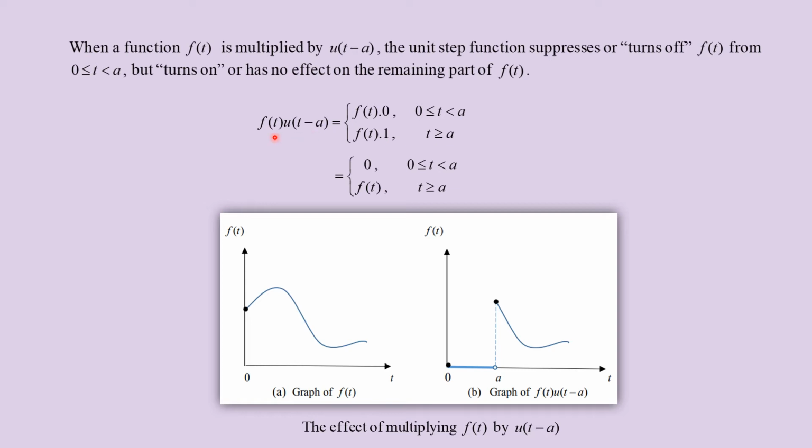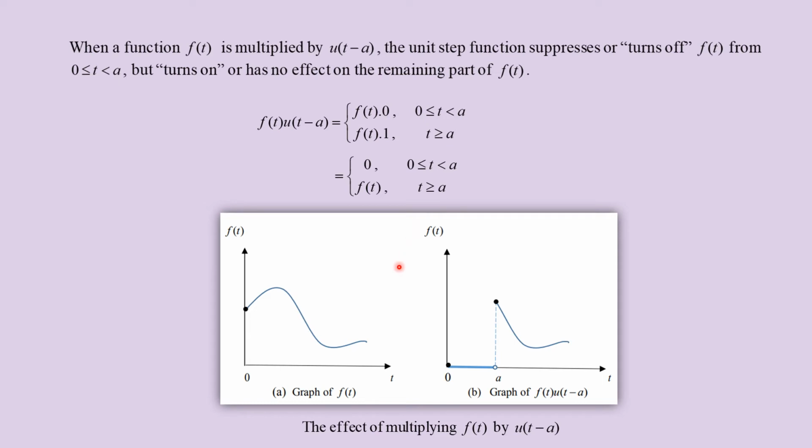So f(t) multiplied by u(t − a) means f(t) multiplied by 0 for t larger than or equal to 0 and less than a, or f(t) multiplied by 1 for t larger than or equal to a. But f(t) times 0 gives 0, and f(t) multiplied by 1 gives f(t). So f(t)u(t − a) is equal to 0 for t larger than or equal to 0 and less than a, and it is f(t) for t larger than or equal to a.